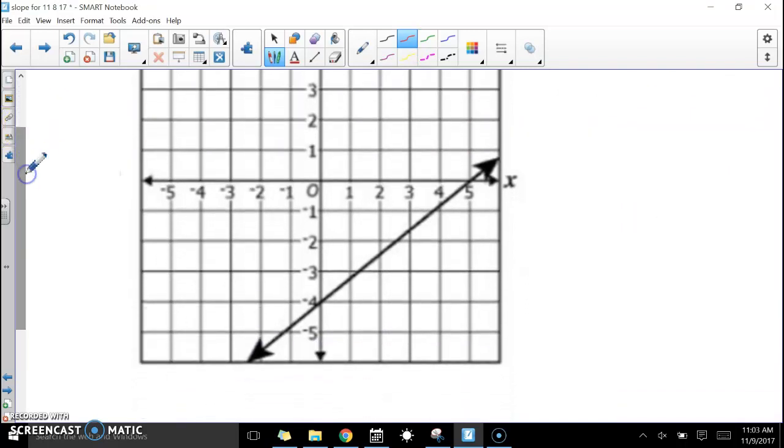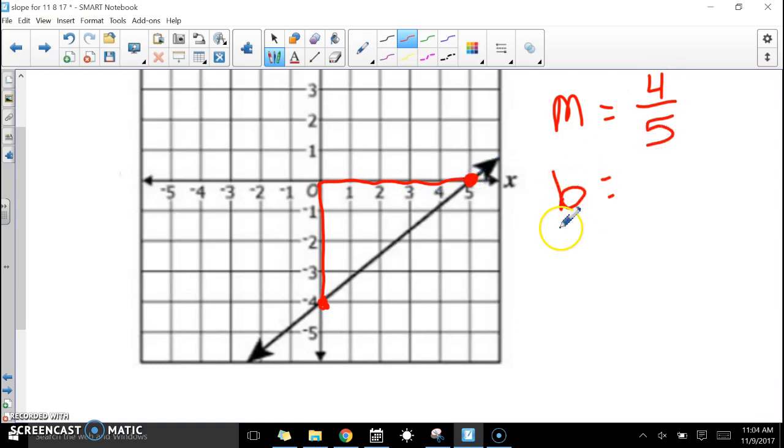All right, let's look at this one. Let's find m and b. All right, let's put 2 points on there. So I can put a point right here, and I can put a point here. So I rise 4, and I run 5.